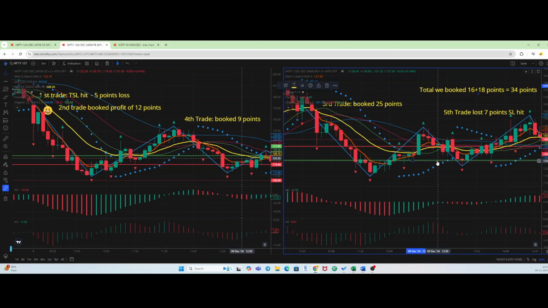Wherever we see a green candle after putting the stop loss, we keep the stop loss as it is. If it is continuously forming red candles, we trail the stop loss. This is the very simple method.